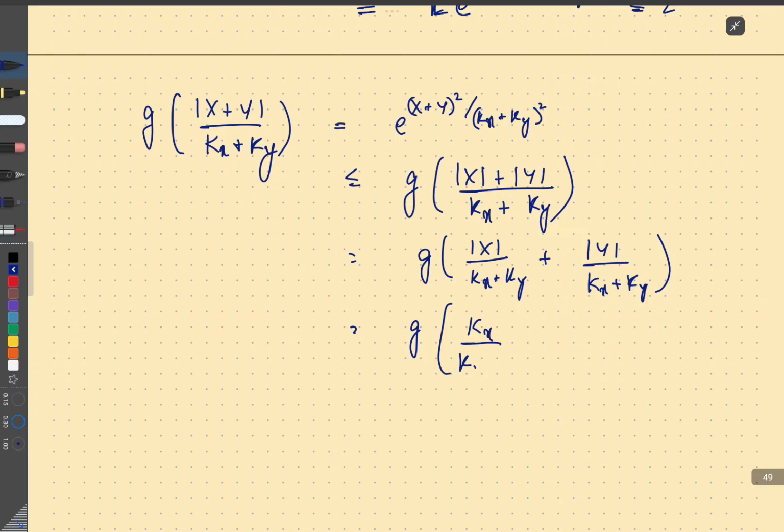kx by kx plus ky times mod x divided by kx, plus ky by kx plus ky times mod y by ky.